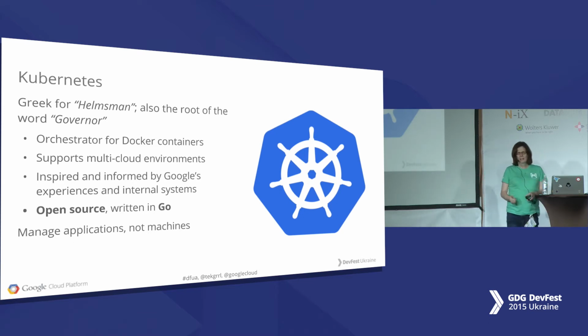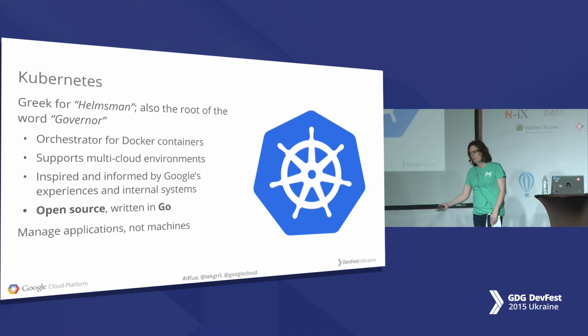It supports multiple cloud environments. So we have many, many different people working on this. It's not just Google. You can run this stuff on Amazon. You can run it on Microsoft. Red Hat OpenShift is built on top of Kubernetes. Mesosphere use Kubernetes. CoreOS runs Kubernetes. VMware use Kubernetes.